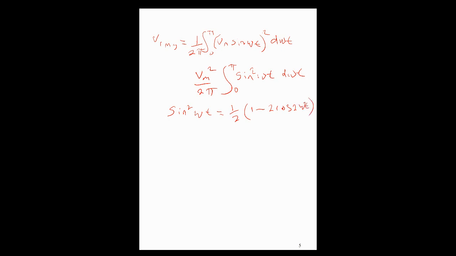Is that correct? Right. So in other words, we just have a half minus cosine 2 omega t. All right. So this is what we'll substitute and do our integration.